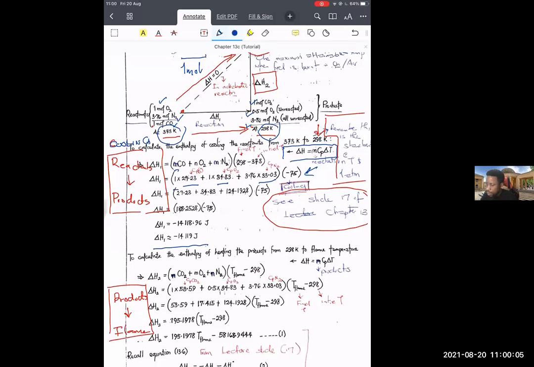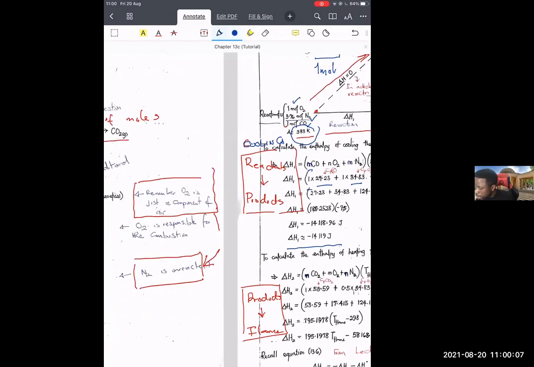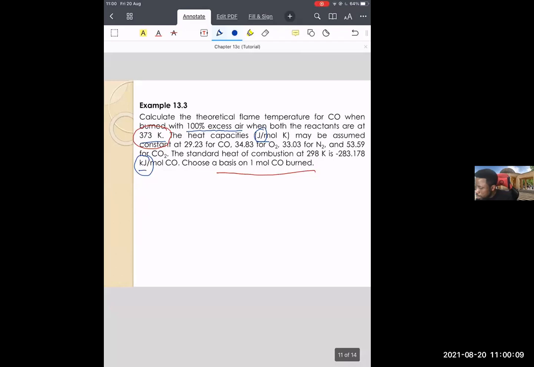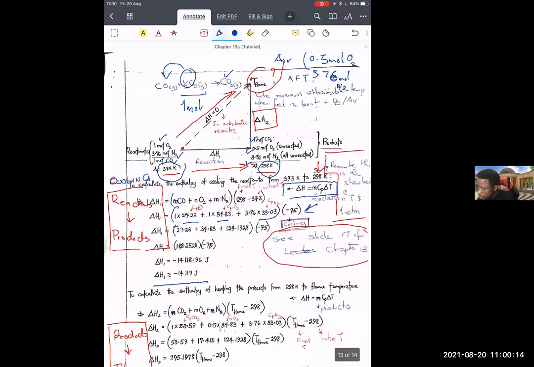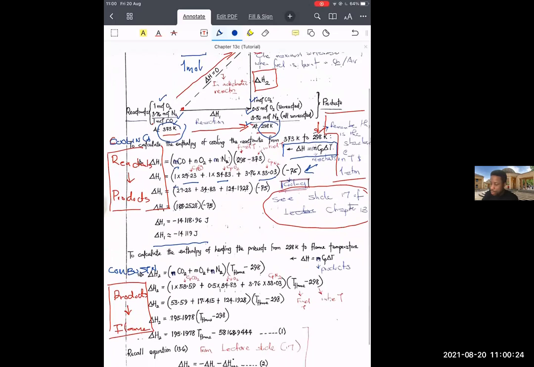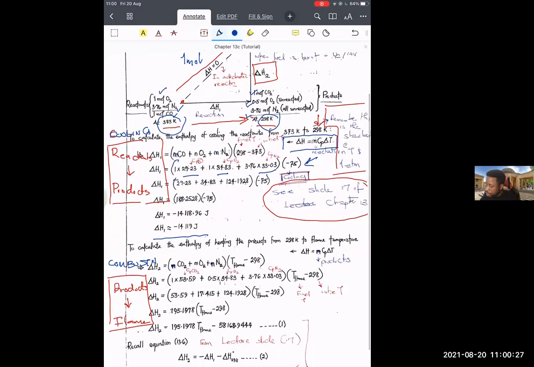And then the question talks about the theoretical flame temperature. So this is the combustion at flame. So take note of that. Cooling here, combustion there. So at the combustion level, it's products to flame.